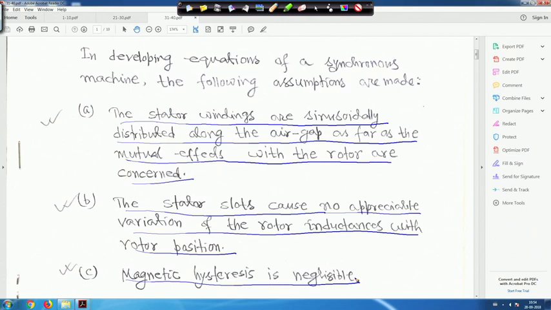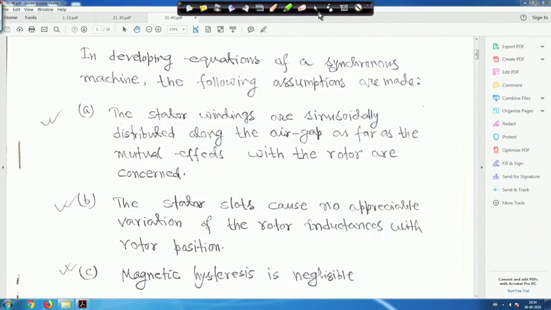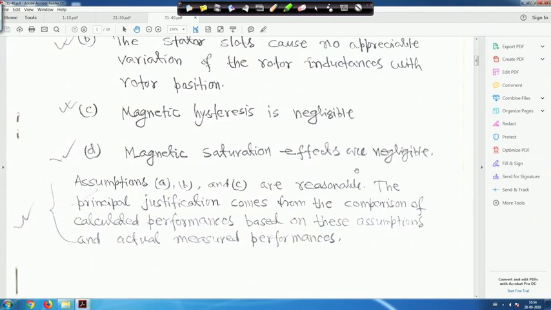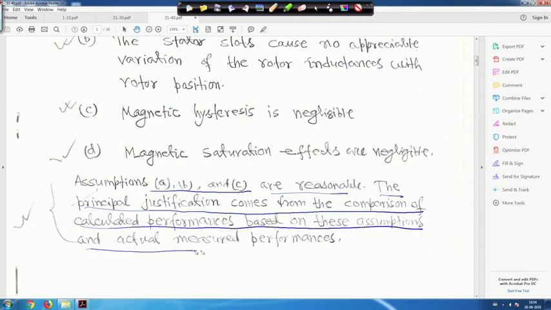And another assumption is saturation, right. The fourth assumption is that magnetic saturation effects are negligible. These four assumptions we will make, and the first three, A, B, and C, are reasonable, right. The principal justification comes from comparison of calculated performance based on these assumptions and actual measured performance.